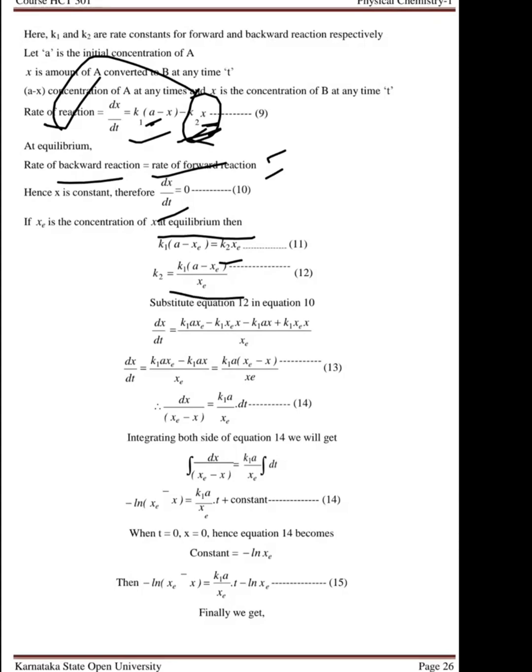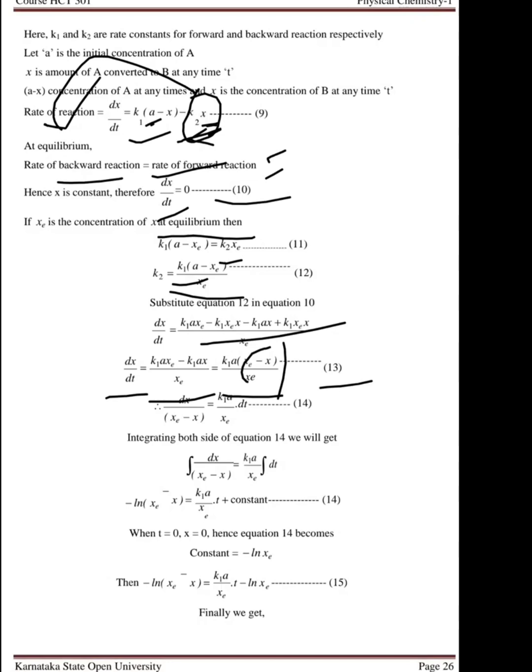Substituting this in equation 10, dx by dt equals K1 a minus K1 xe minus K1 x, taking K1 common, and further (xe minus x) by xe.